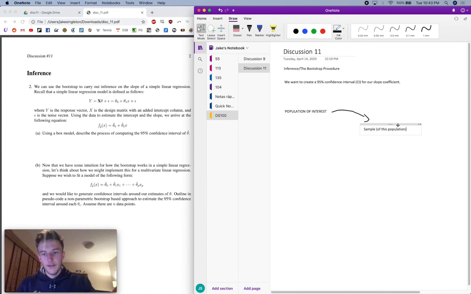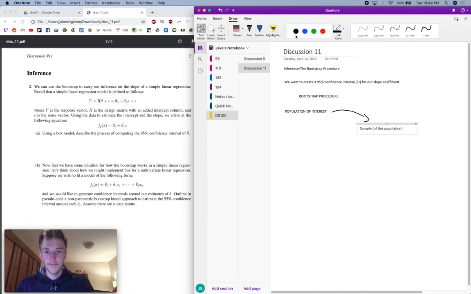It's important to understand the bootstrap conceptually, so let me put bootstrap procedure here. Once we have this sample taken from this population, it's very important that this sample is representative of our population, because we're going to use this sample to create a bunch of other samples.